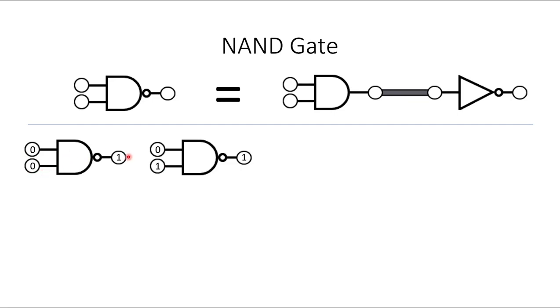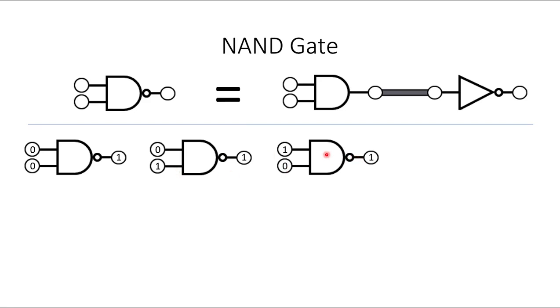Similarly, if I put in a 0 and a 1, the exact same thing basically happens. 0 and 1 goes through, I get a 0, and then I flip it, and I get a 1. So this is the second case. In the third case, I put in a 1 and a 0, and I spit out a 1.